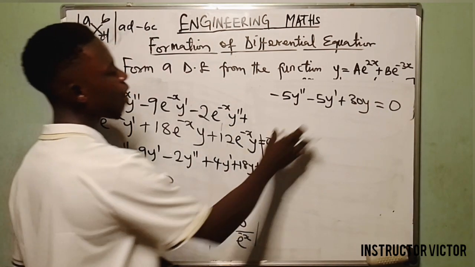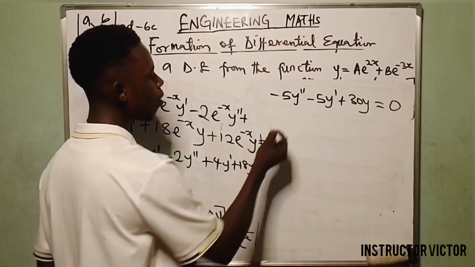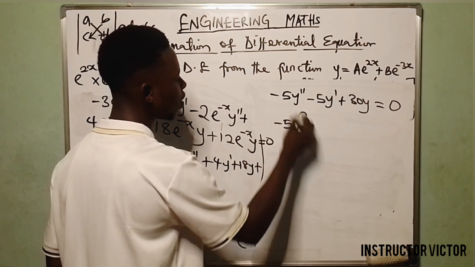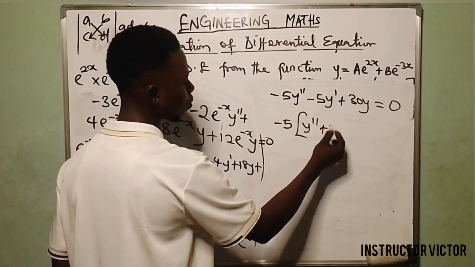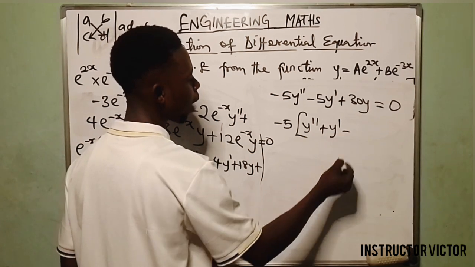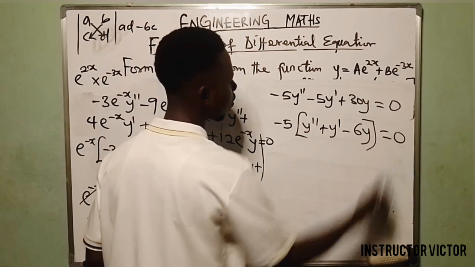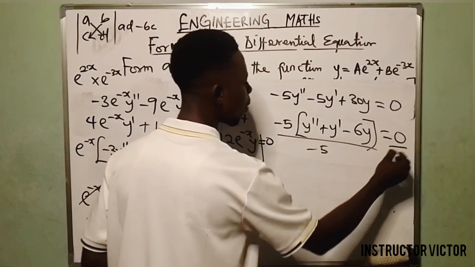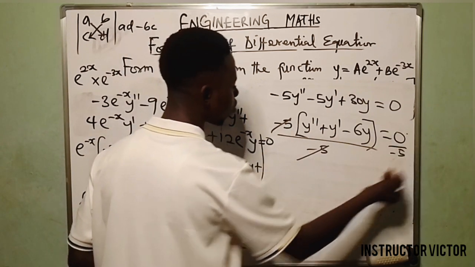So let us factor out 5. Let's say we factor out minus 5. And then what is left here is y prime prime plus y prime minus 6y equal to 0, when you divide by minus 5, and this turns to 0.